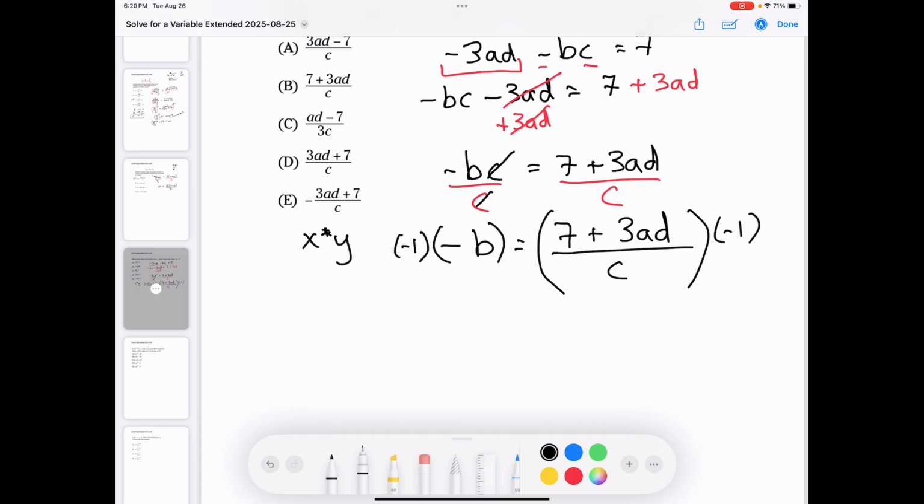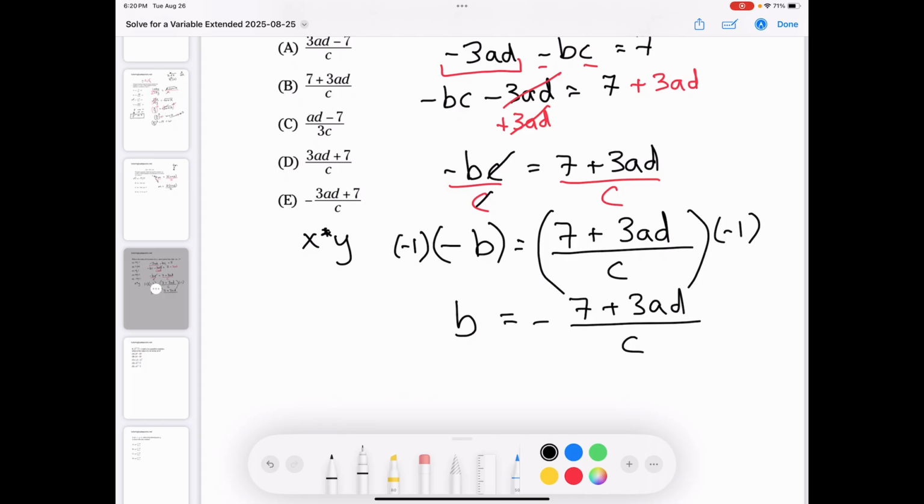Okay. I have a negative and a negative, right? That gets rid of that, so that I'm left with b on the left. And I can rewrite that negative 1 as just a minus sign, right? Applied to the entire expression.